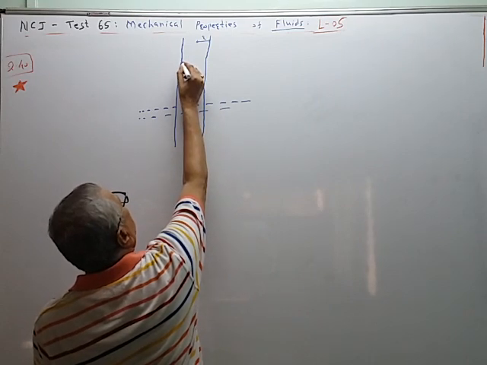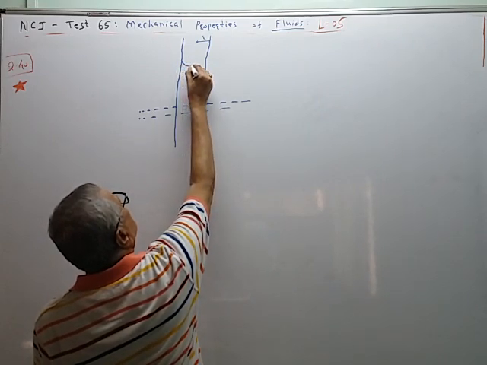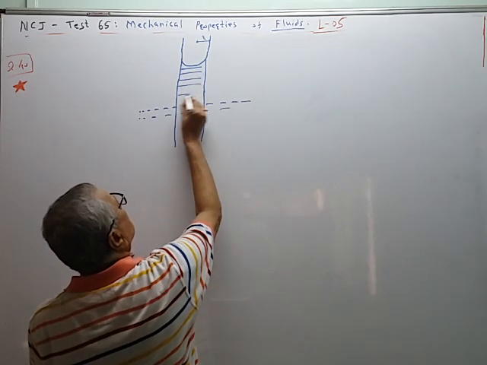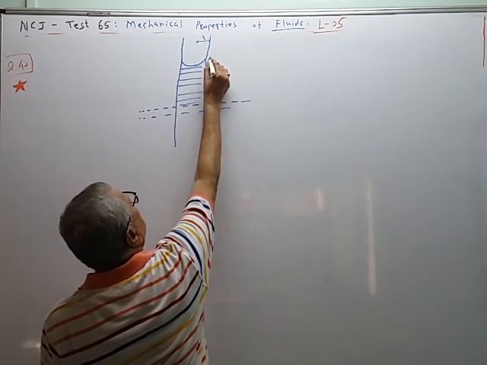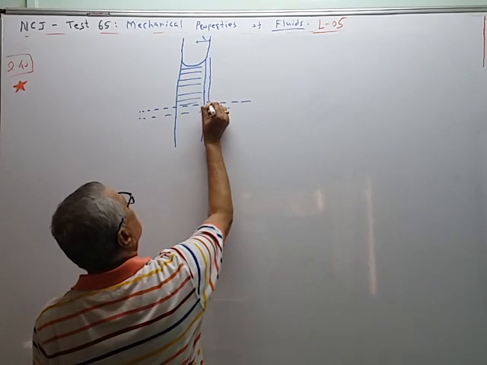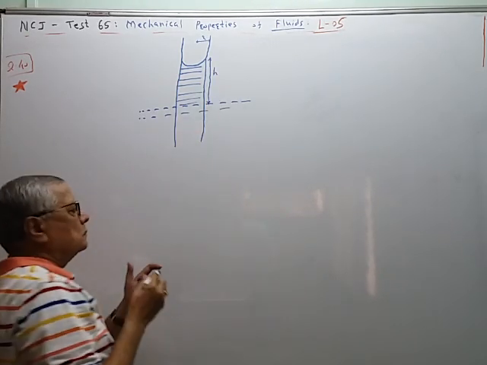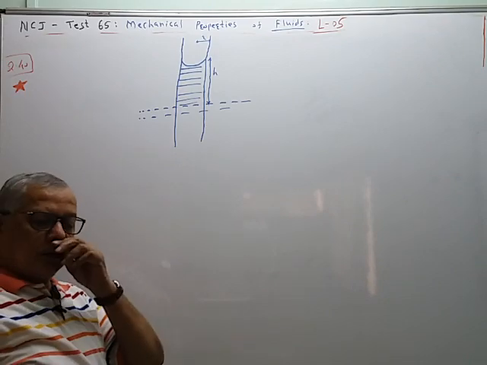So this is the water column. This height is h, capillary rise is h.